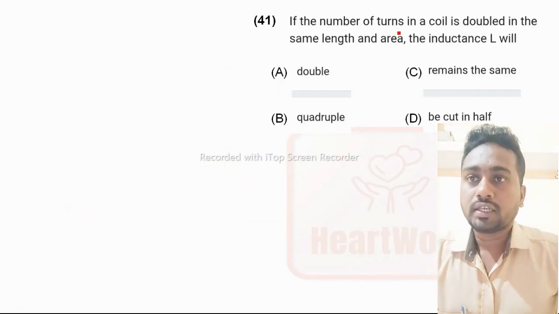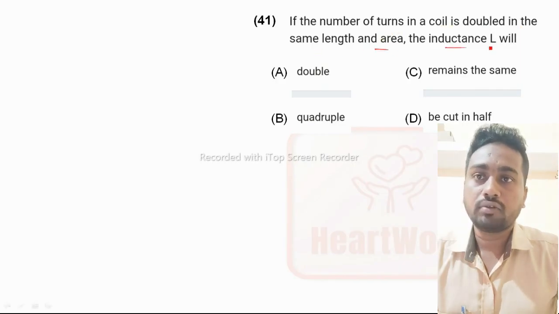If the number of turns in a coil is doubled in the same length and area, the inductance L will be?